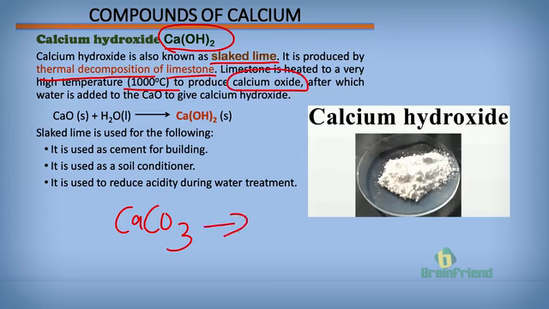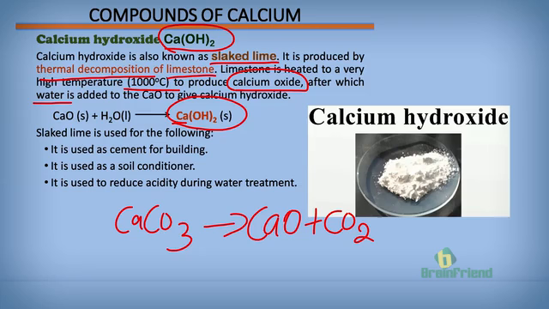So this limestone will dissociate into calcium oxide and CO2. Now, when this happens, water is added to this calcium oxide to form calcium hydroxide. So this is one way that we can prepare calcium hydroxide.